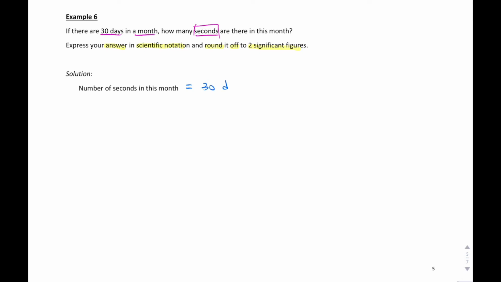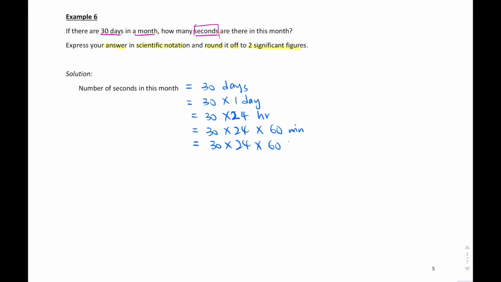We have 30 days, and for each day there are 24 hours. And for each hour there are 60 minutes. And for each minute there are 60 seconds.